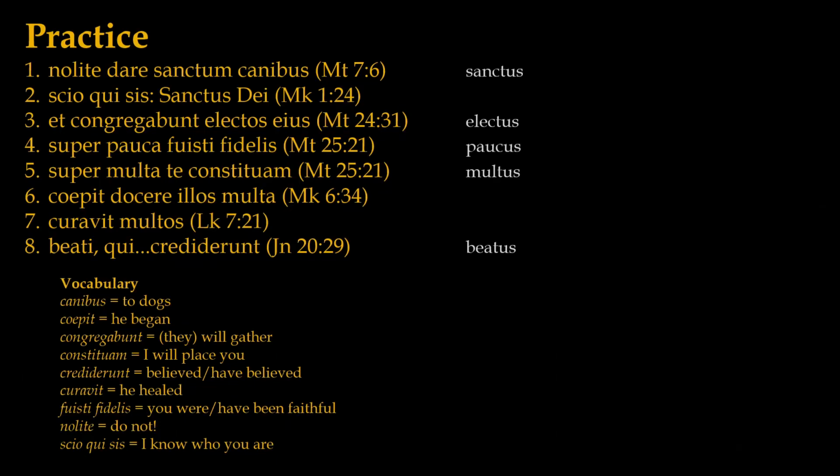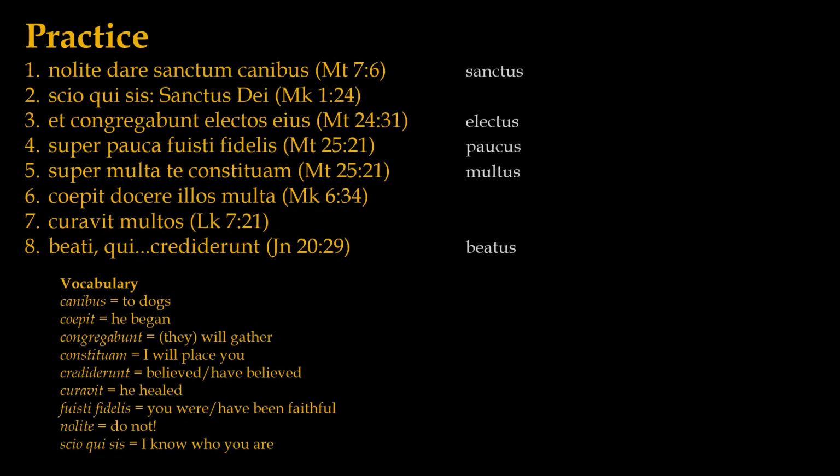Okay, number 2, scio qui sis. Down in the vocabulary we see that means I know who you are. Sanctus Dei. Dei, genitive singular, second declension. Sanctus, the holy of God, right? Well, we understand what that means. The holy person, the holy one of God. Et congregabunt electos eius.